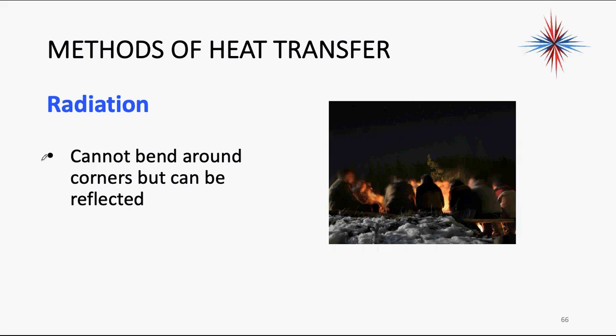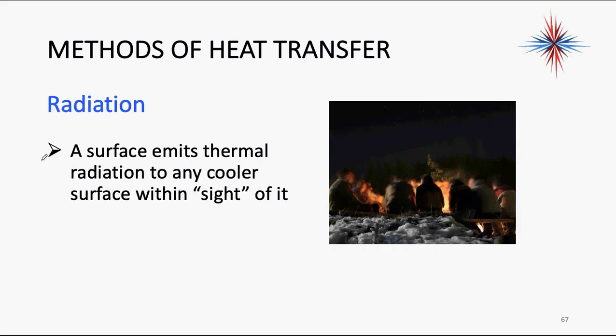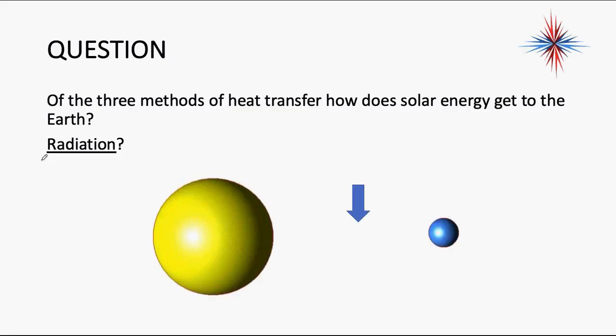I can use mirrors, or wall material, to reflect that heat. A surface emits thermal radiation to any cooler surface within sight of it. Depending on what the source is, you can either feel it or not.